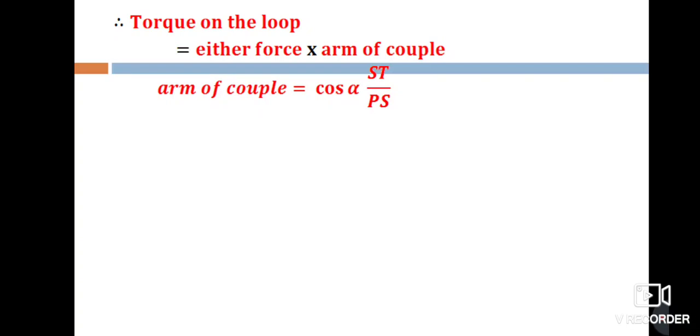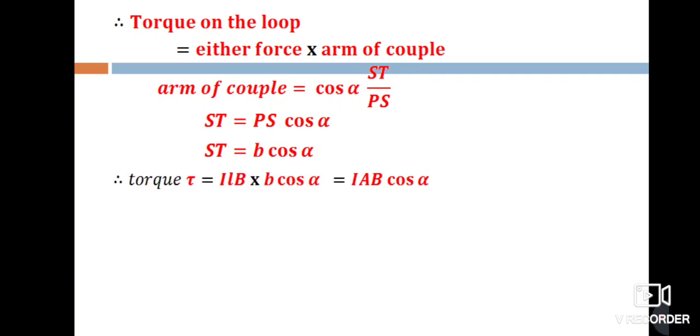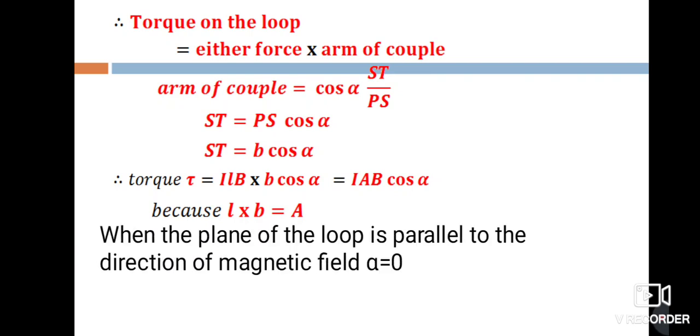Therefore, for the arm of the couple, cos alpha is equal to ST divided by PS, or ST is equal to PS cos alpha. PS is nothing but the breadth, so ST is equal to b cos alpha. Therefore, torque tau is equal to ILB cross b cos alpha, or we can write it as IAB cos alpha itself, because length into breadth gives you area. Therefore, IAB cos alpha.